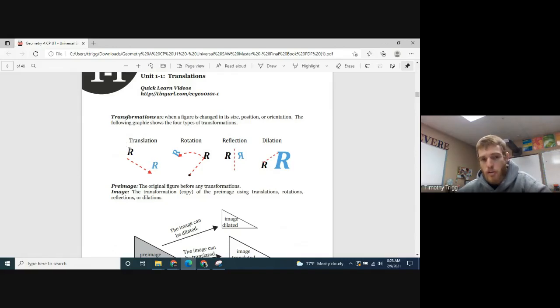Now, the original one is called the pre-image. So we would say the pre-image is the same as the image in a translation. Also, the pre-image is the same as the image in rotation and also in reflection. But the image and the pre-image are not the same size in a dilation.